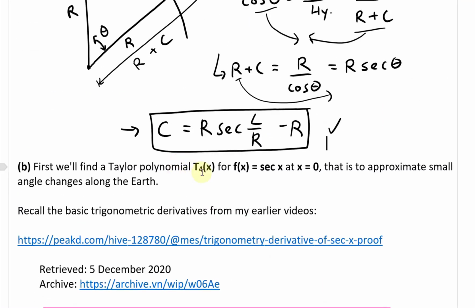First we'll find a Taylor polynomial T sub 4 of x for f of x equals secant of x. My solutions manual just does it to the 4th degree, centered at x equals 0, to approximate small angle changes along the earth.